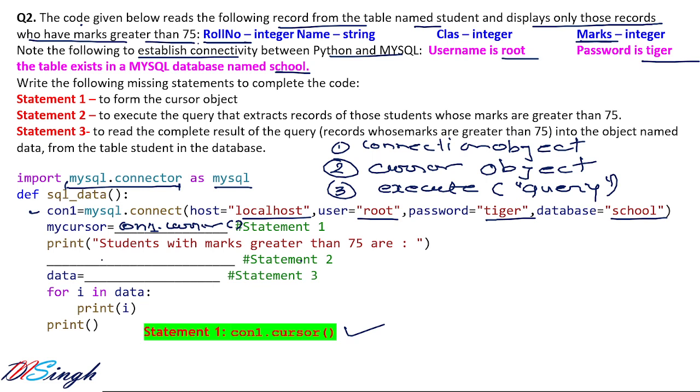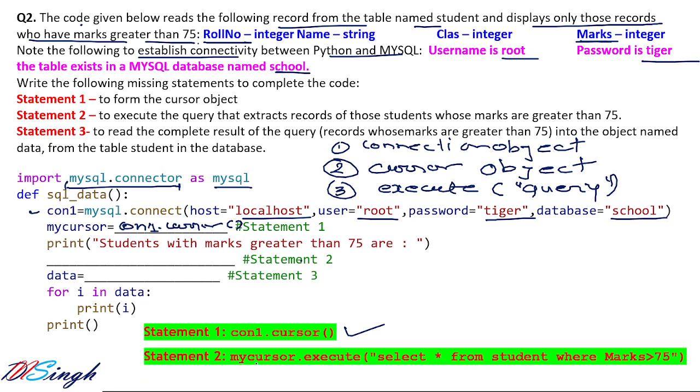So the execute function will be called through the cursor object. What is our cursor object? mycursor. So we will write mycursor.execute, and inside execute we are supplying the query which gives me the records of all those students whose marks are greater than 75.